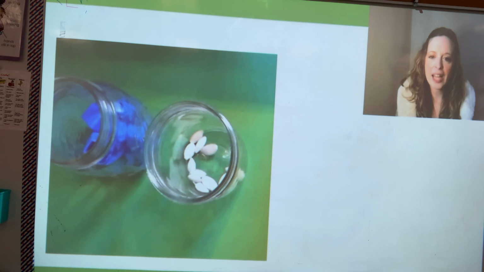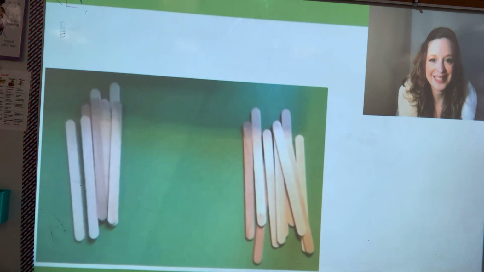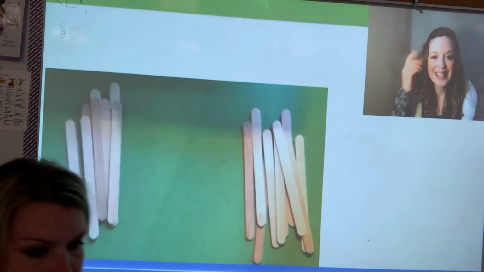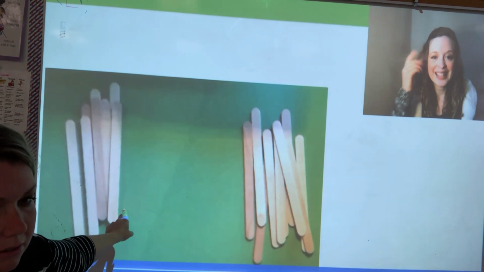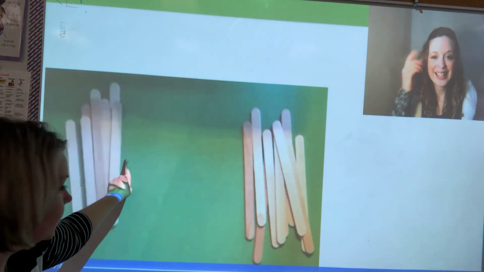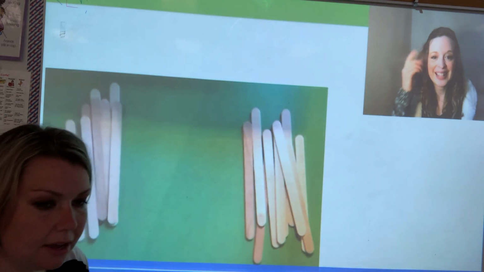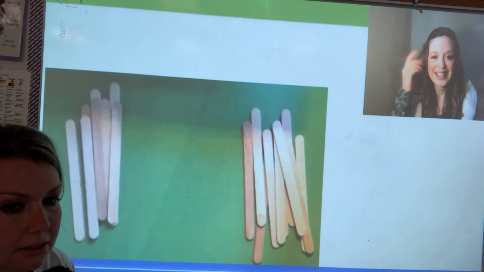How many times did we count 10 ones when we were counting the sticks? Think. So how many times did we count 10? We counted 10 here, and we counted 10 here. Show me on your fingers.